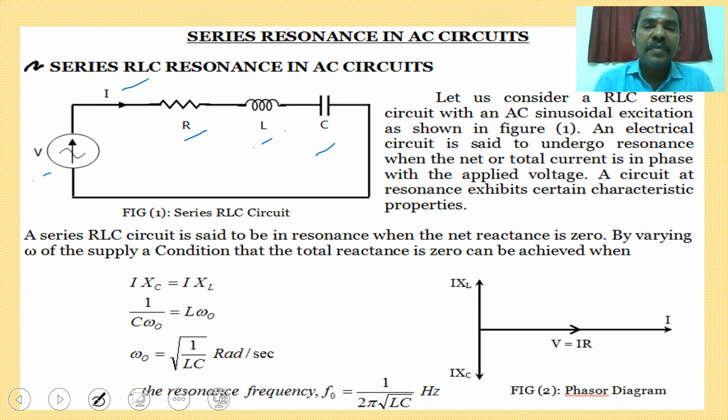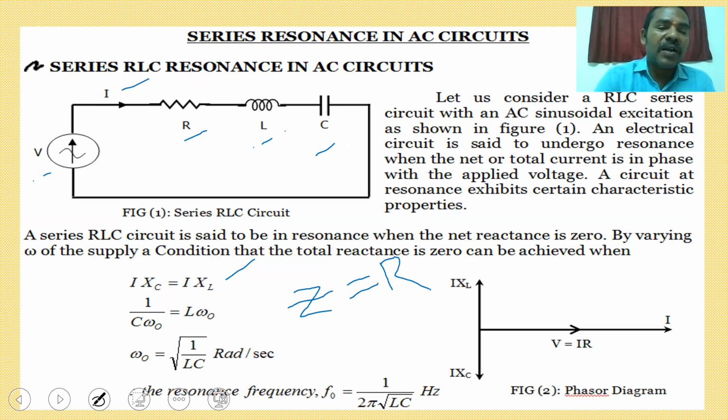Generally, whenever XL is equal to XC, or the voltage drop across the inductor is equal to the voltage drop across the capacitor, then the circuit will be resonated. Under this condition, the total impedance is equal to pure resistance only.